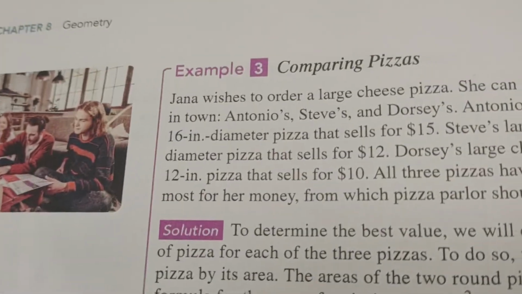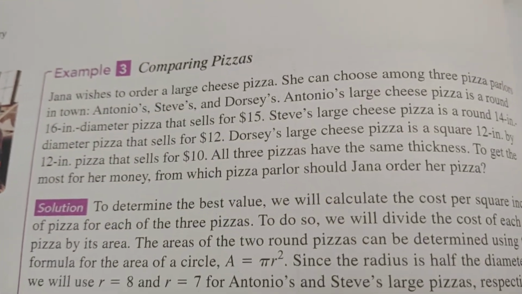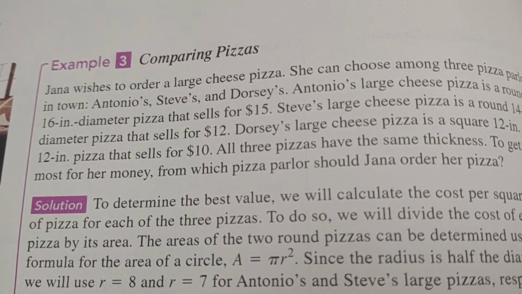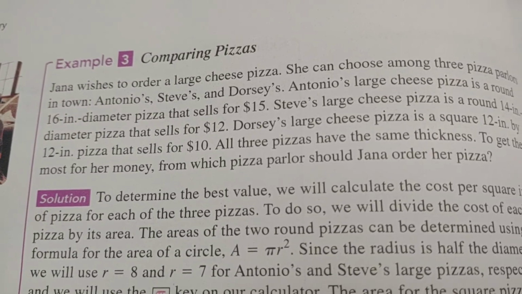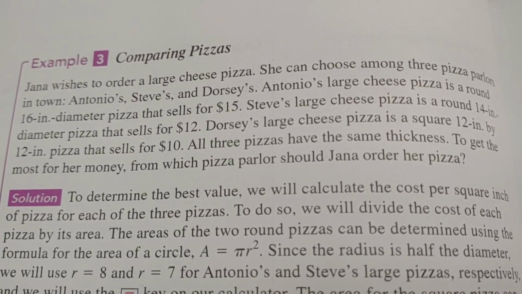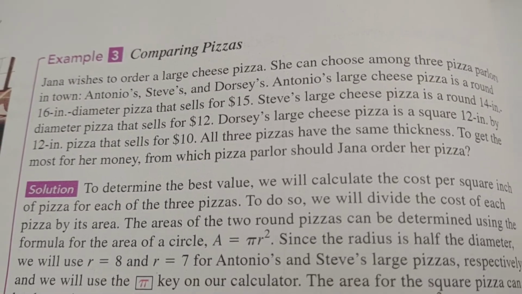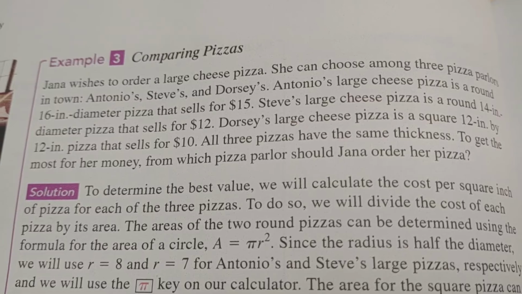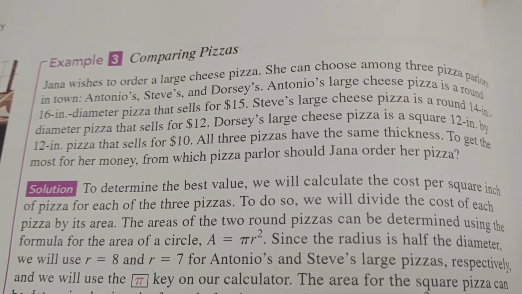And this one here says comparing pizzas. It says Jana wishes to order a large cheese pizza. She can choose among the 3 pizza parlors in town: Antonio's, Steve's, and Dorsey's.